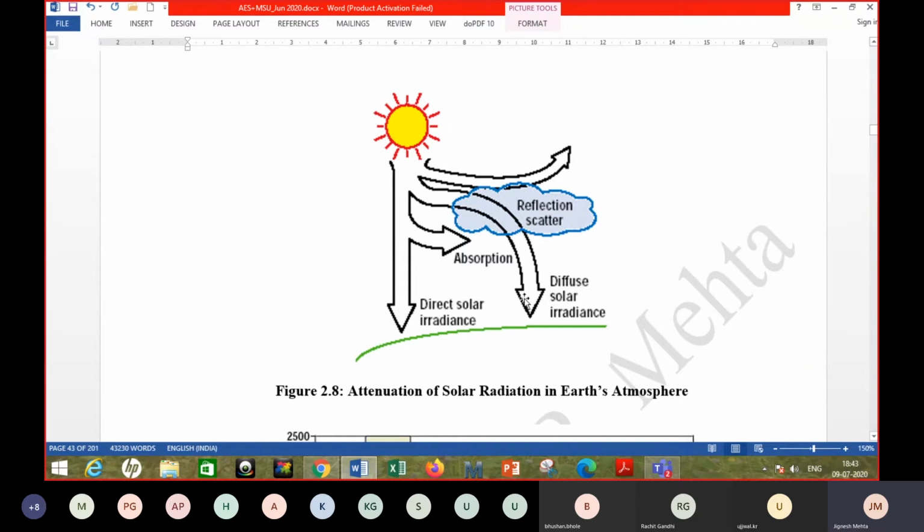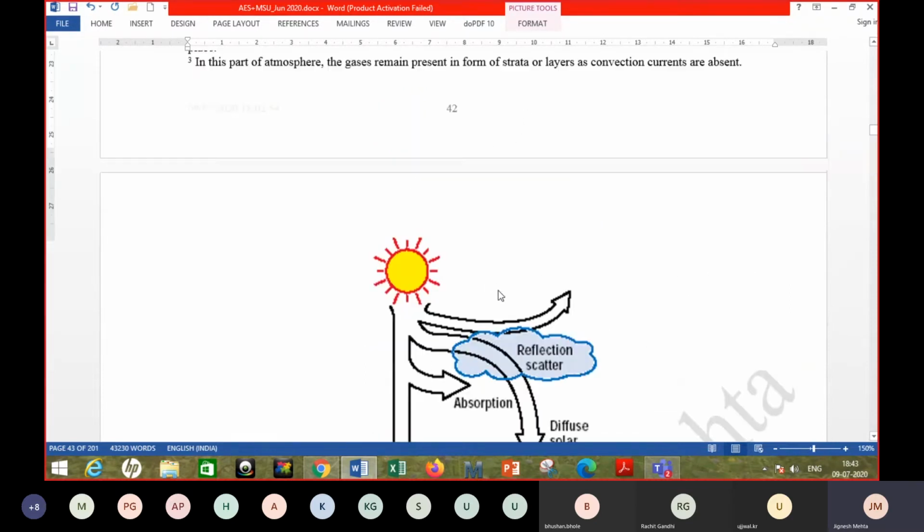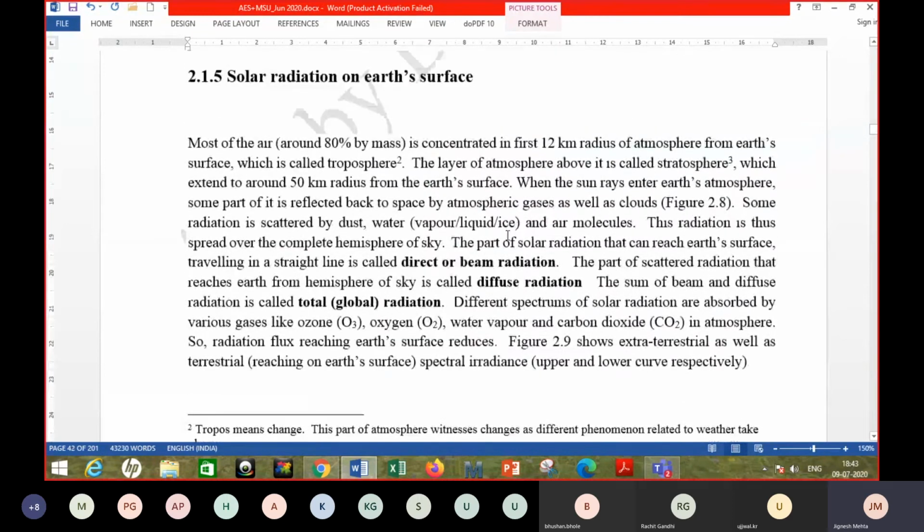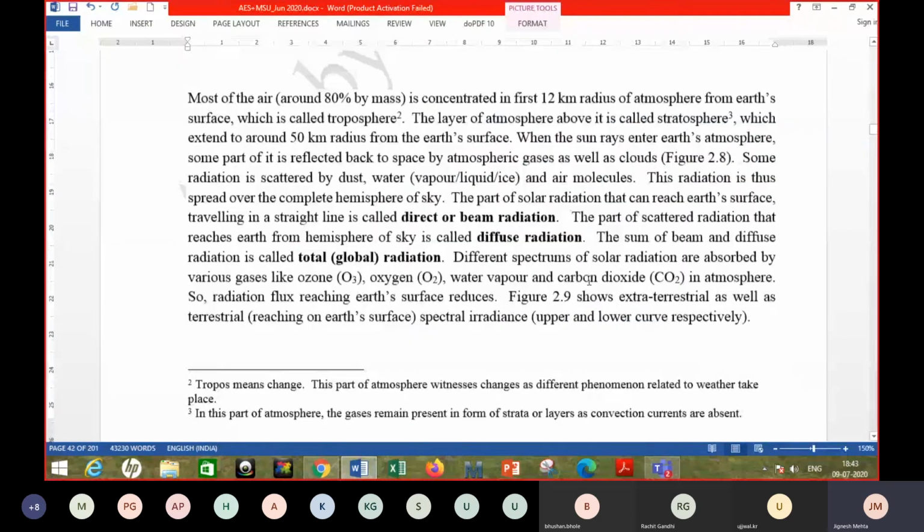How is this diffuse radiation produced? It is because of different phenomena like scattering and absorption. Why do scattering and absorption occur? That is because of different gases present in the atmosphere. First is the ozone gas, which absorbs only one particular type of radiation, and that is the ultraviolet radiation.